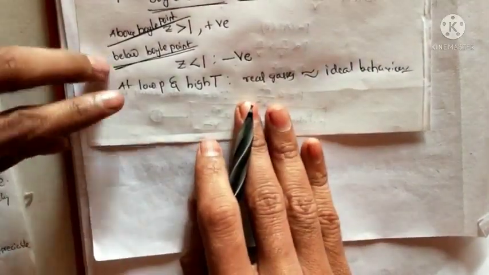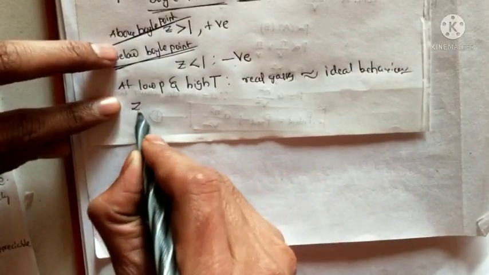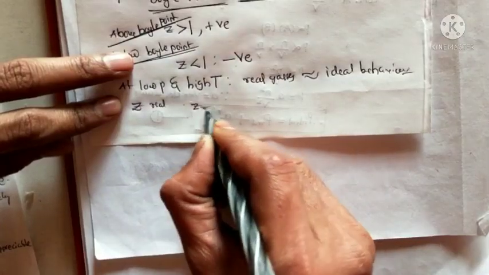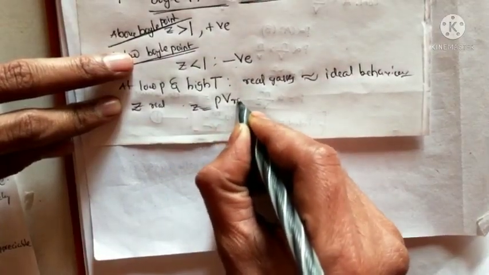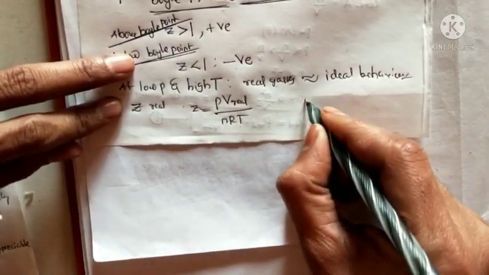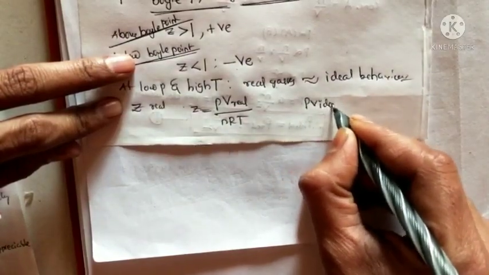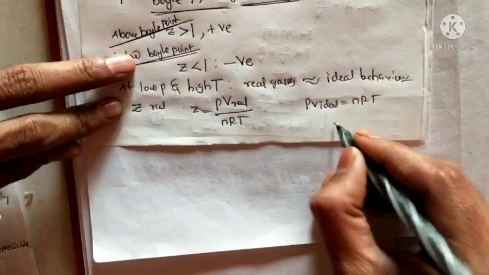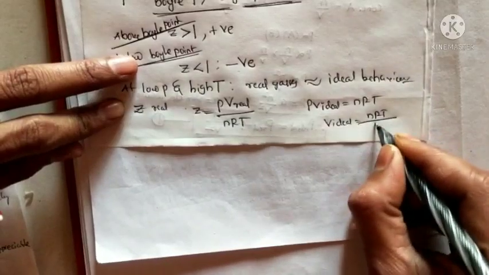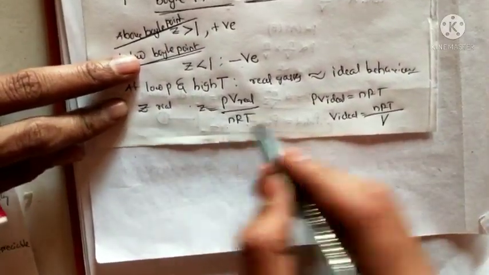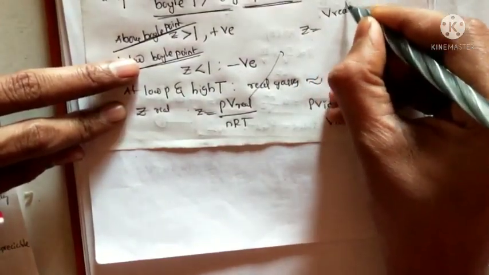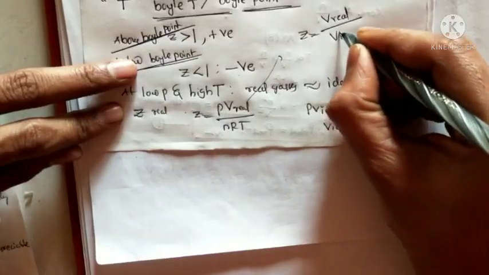And finally, we know that Z for real gases is Z equal to PV by nRT. For the ideal gas equation, PV ideal equals nRT, so P ideal equals nRT by V. From this we can conclude that Z equals V real by V ideal.